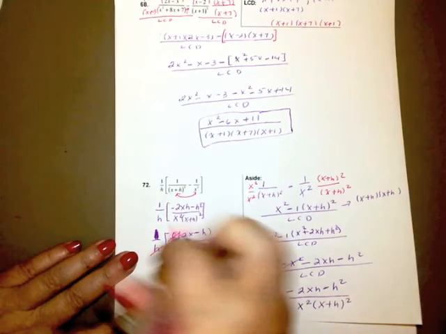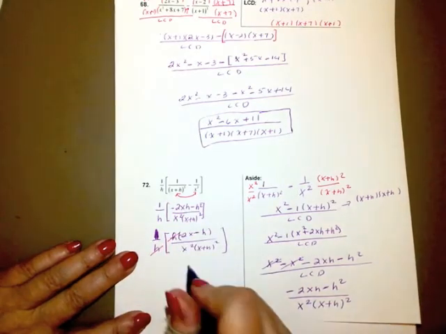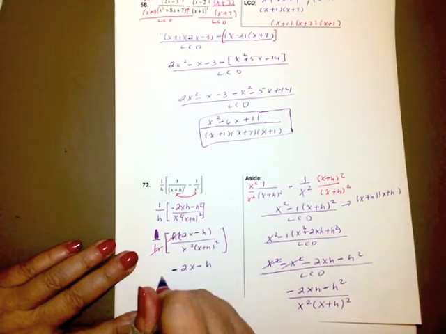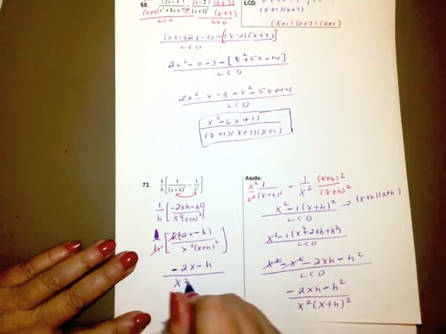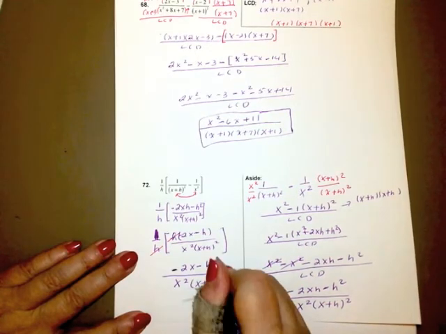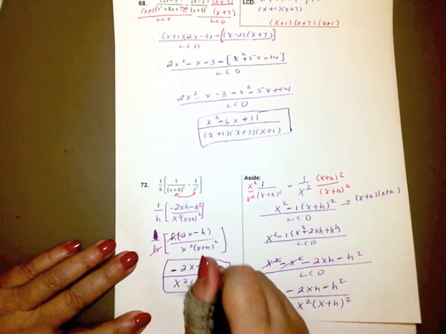The h's will cancel out, and I'm left with -2x minus h over x squared times x plus h squared as my final answer.